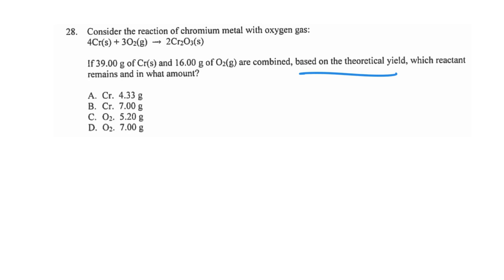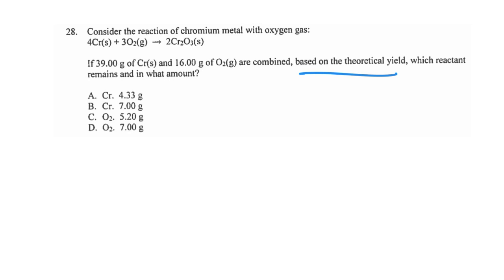So assume the reaction produces as much product as possible. And so once the reaction's completed, according to the coefficients of the reaction, according to the stoichiometry, which reactant remains and in what amount. So this problem is just asking us to identify which reactant is the excess reactant and how much of it is left over.